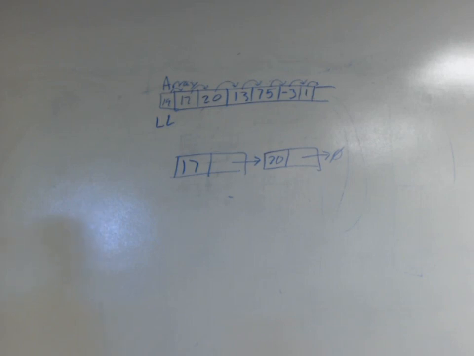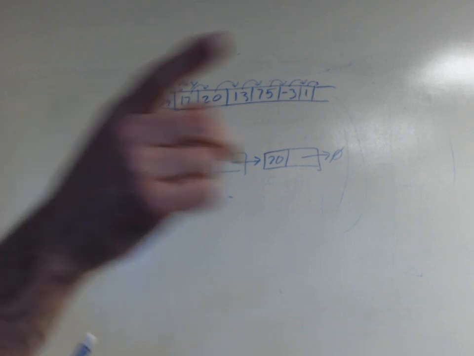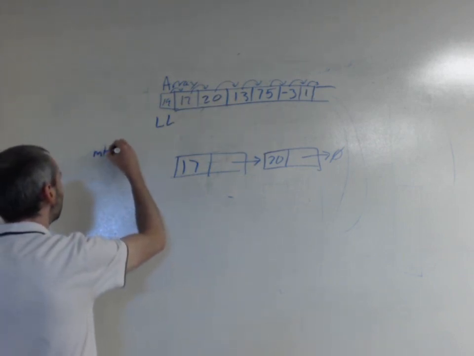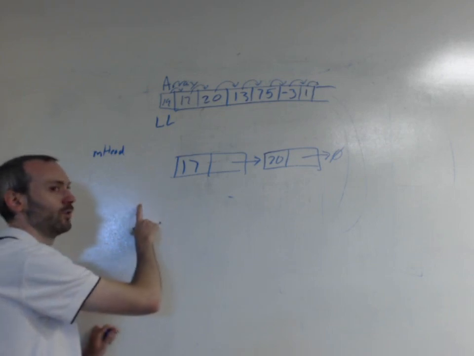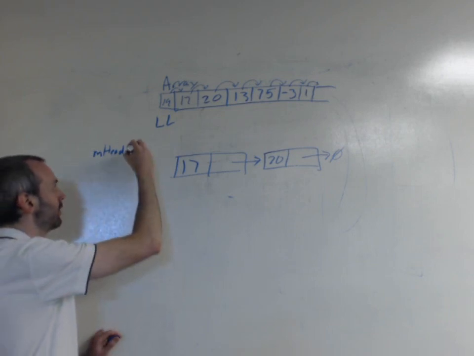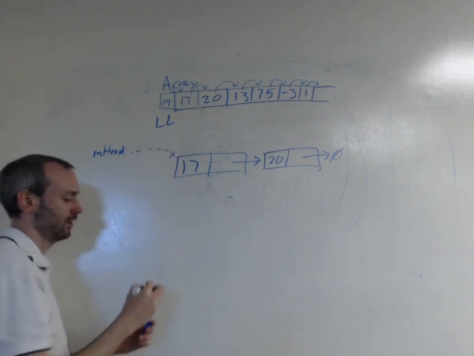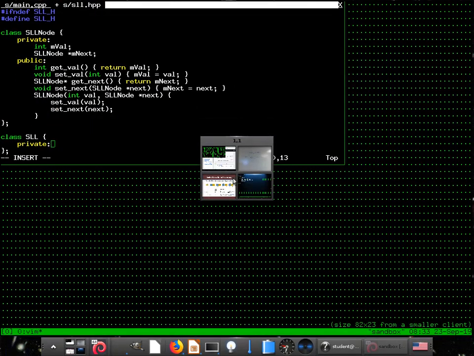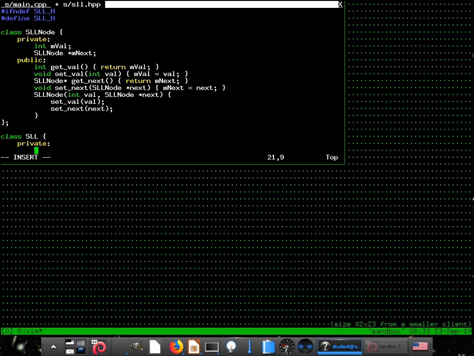What does it need? Header and tail. Header, well, it needs at least the head, right? Yeah. So we'll call it mHead, and it needs to point to what? The first guy. Right, the first one. Okay. So private, someone type out the mHead syntax for me.